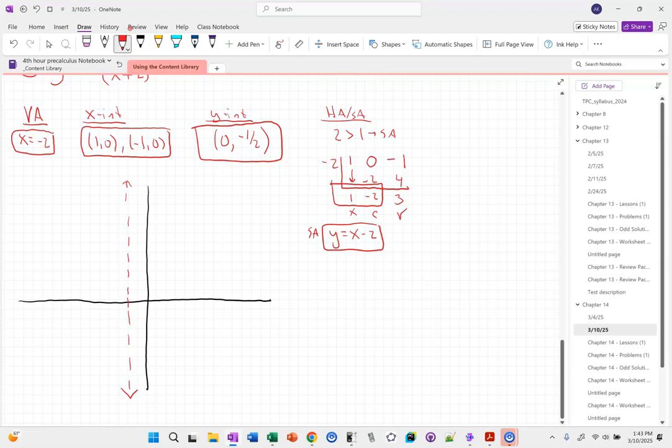Okay, and let's do this other slant asymptote. So I'll just make a quick little xy table. So I have 0, negative 2, and then 2, 0.